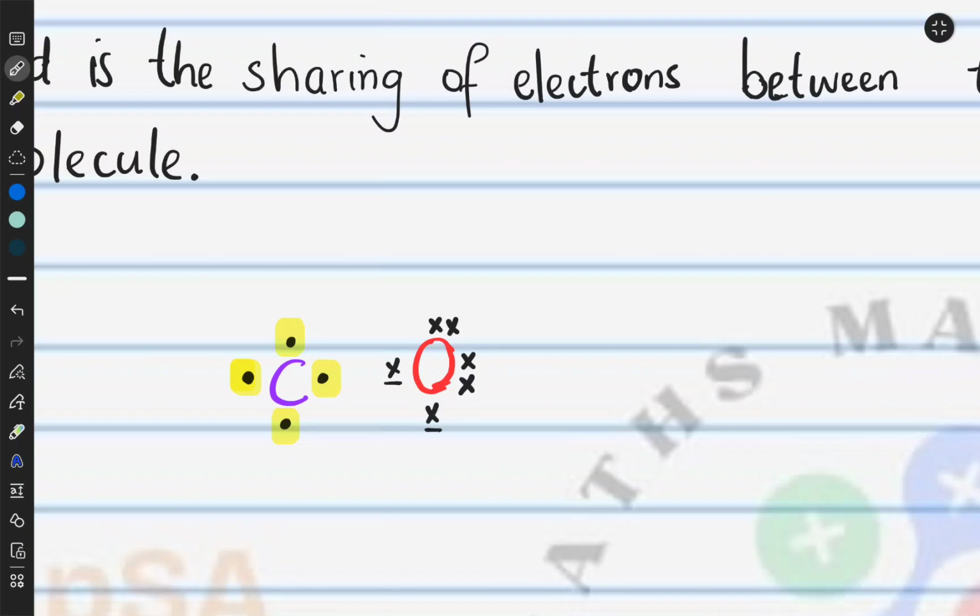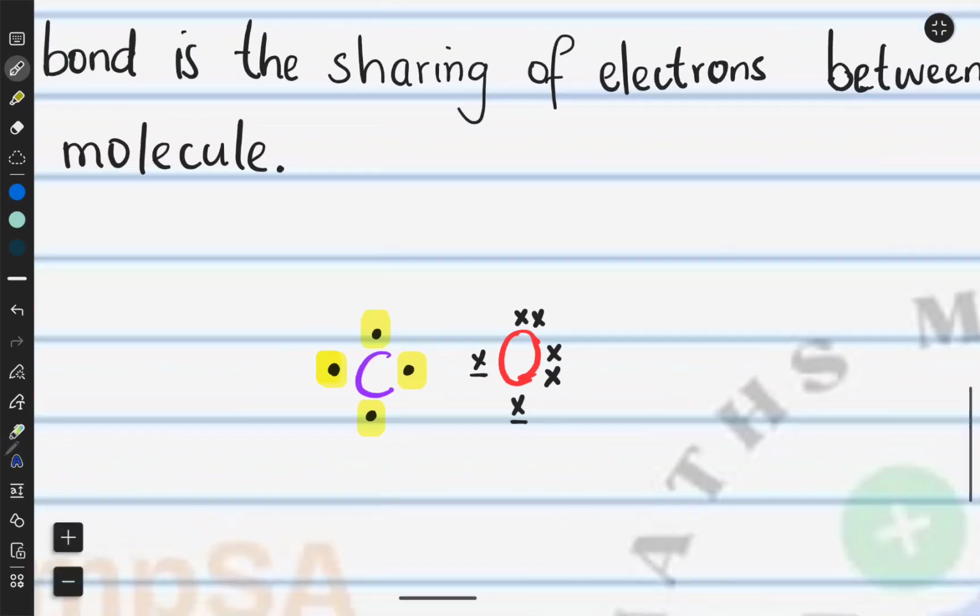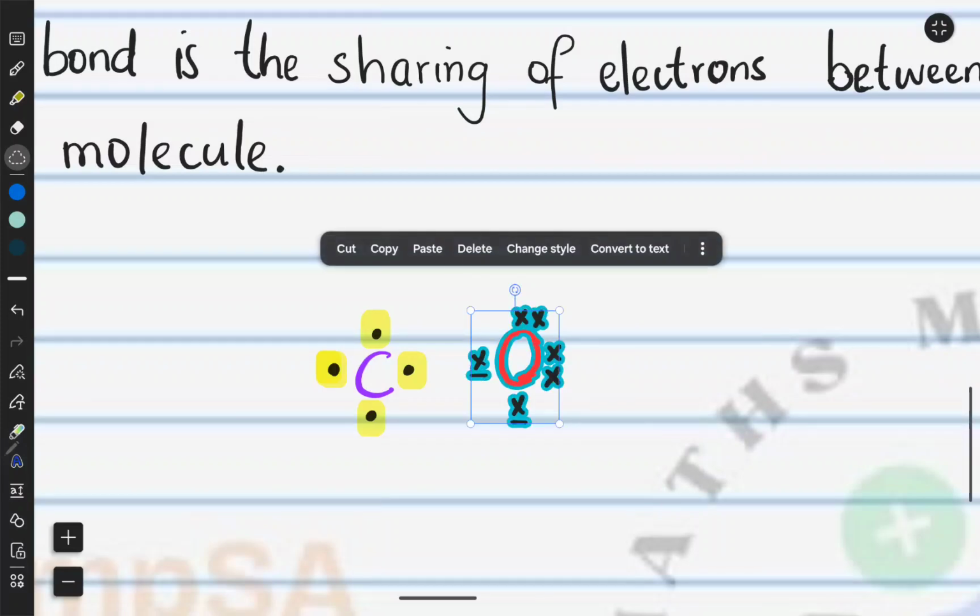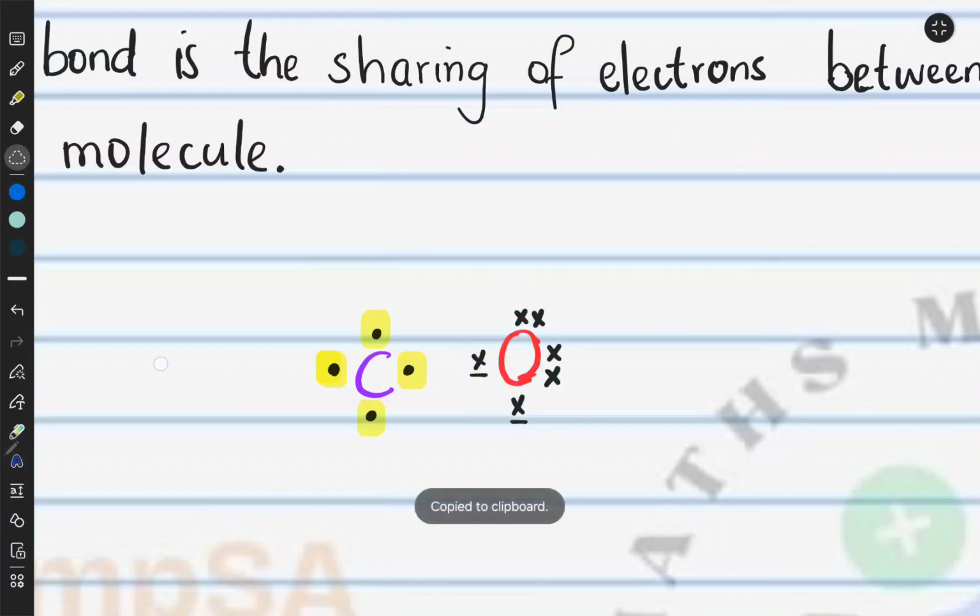So what will happen is these two, it is willing to share, but it needs 2 more so that its outer shell will have 8. And then this carbon needs 4. So that's why we have 4. We have 2 oxygen atoms.